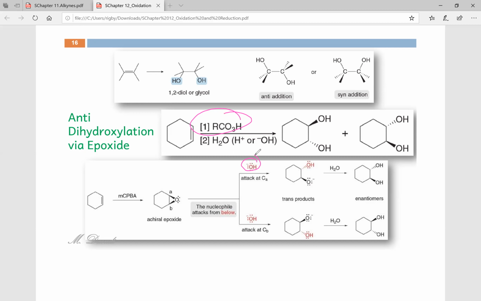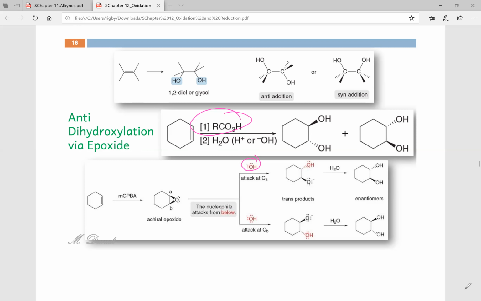I think this concept isn't super hard, because we know a backside attack will create opposite wedges. I'm sorry, not epoxidation. We're going to do a backside attack when we're opening an epoxide. And to make the epoxide, we just do the epoxidation.